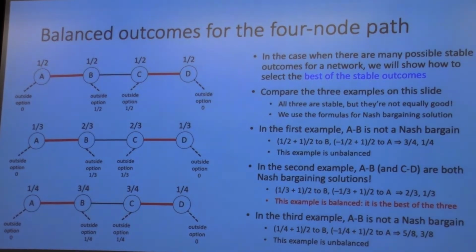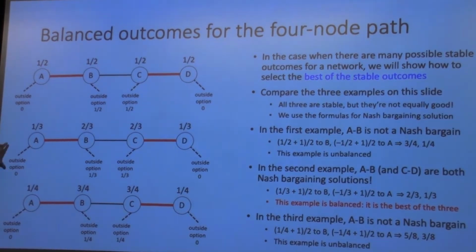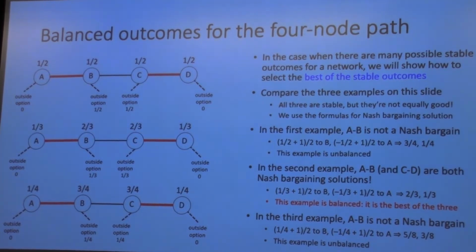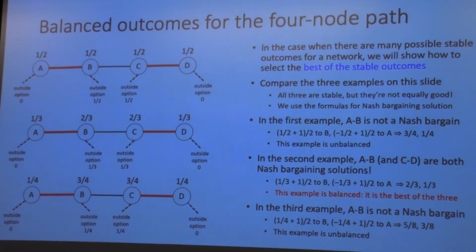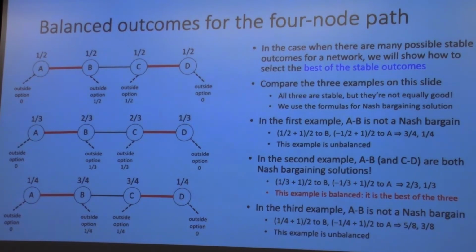Each is getting half of the surplus. So this one is Nash. And the top one also is not Nash. So you see, if you take all the possible stable solutions, then you pick the one that's a Nash bargaining solution because it splits the money fairly.